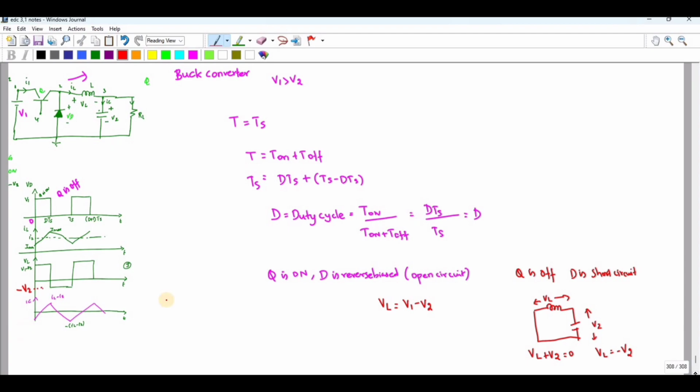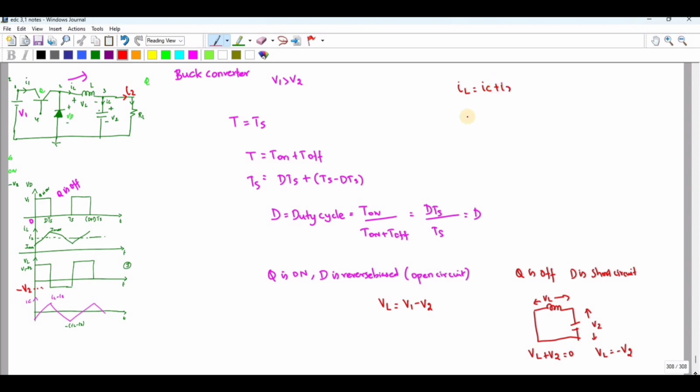During that time the capacitance starts to discharge. This is I2. We know that IL is equal to IC plus I2.